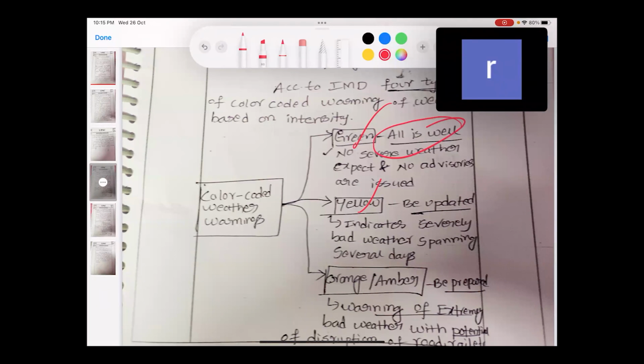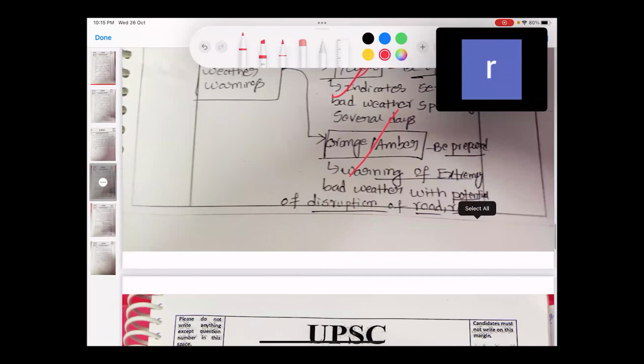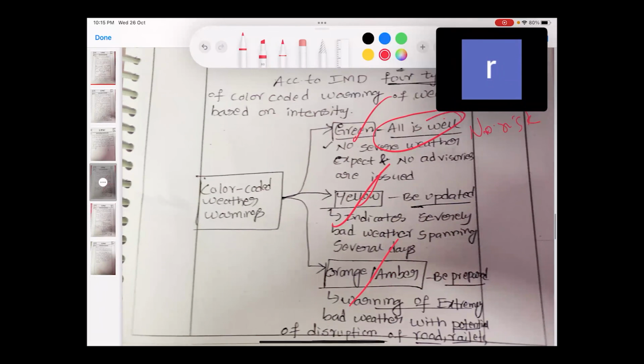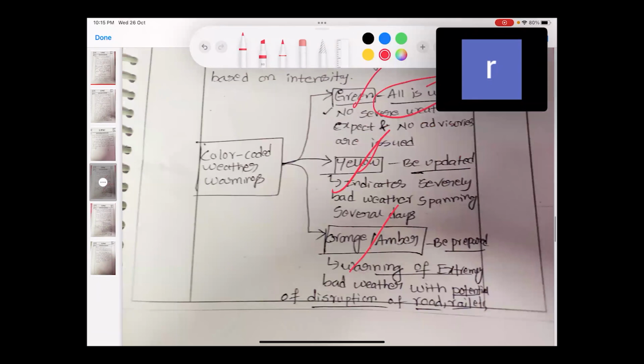This is a very colloquial way. No risk is the exact way to write that. All is well is not correct. Orange or amber, and then finally, you have not mentioned red.